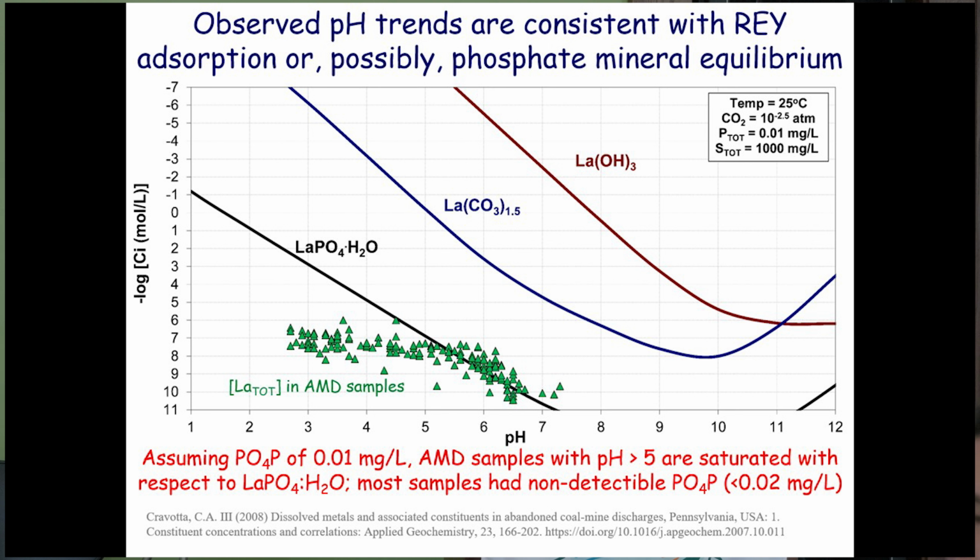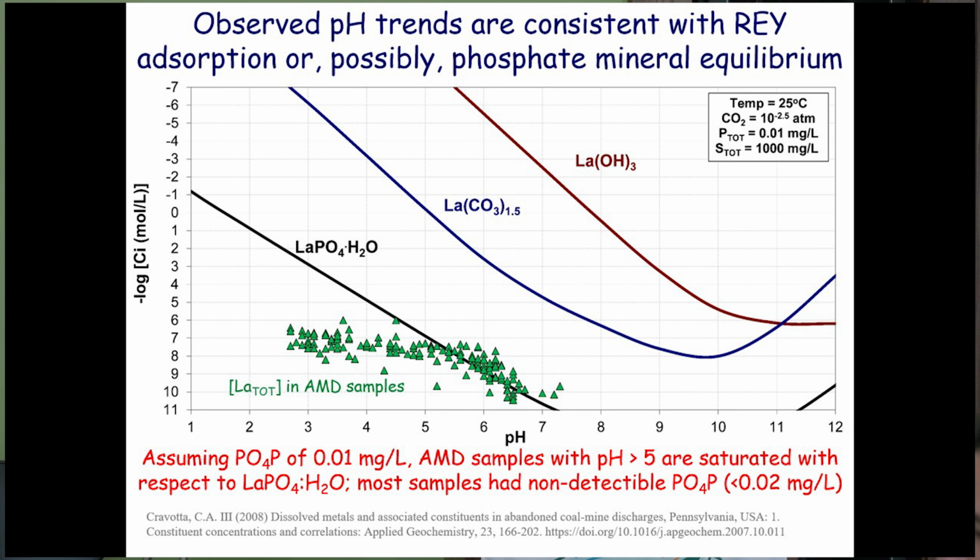As it turns out, it's believed that most of the rare earth elements in the rock, in their native form, in these sedimentary rocks associated with coal, are present as phosphate minerals. And it would make sense, perhaps, that that type of phase could limit their concentrations in solution.